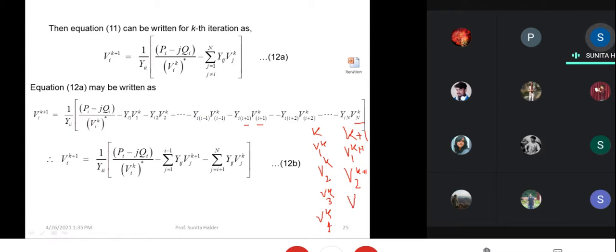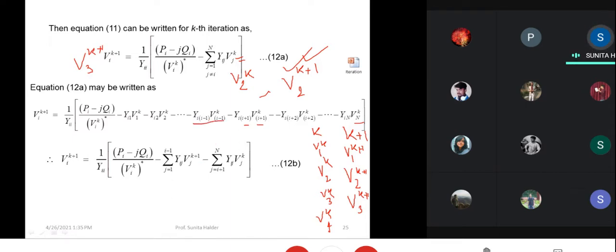So when you are calculating V3 k plus 1, in the equation you can use V2k, but V2 k plus 1 is now available, is it not? So we could use the most updated value of V2.